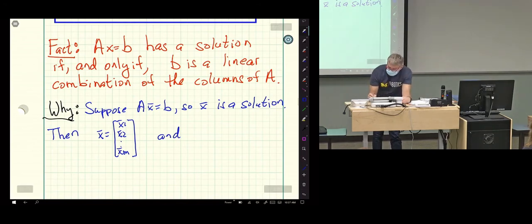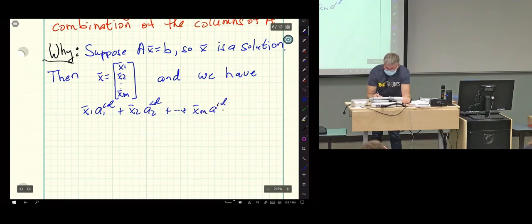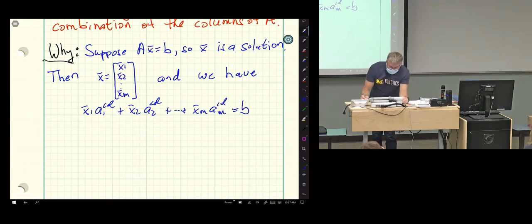And then we've already seen, I just write this out using column times rows, we get x bar 1 times the first column of A plus x bar 2 times the second column of A plus x bar m times the last column of A is equal to B. Hence, B is a linear combination of the columns.